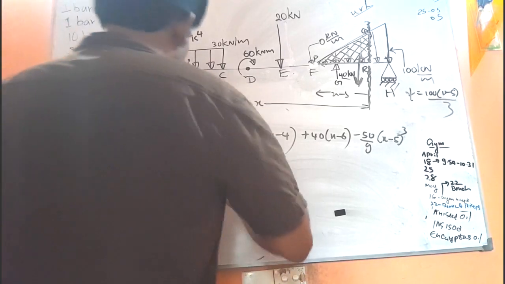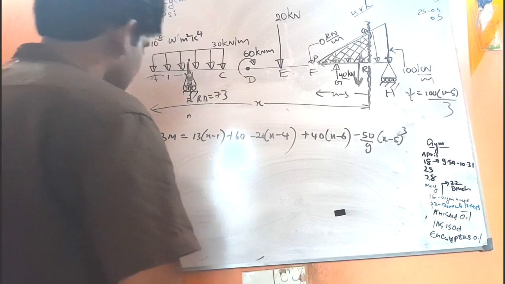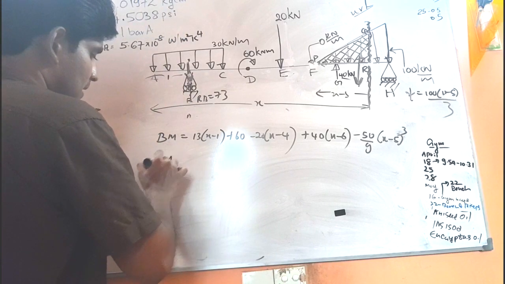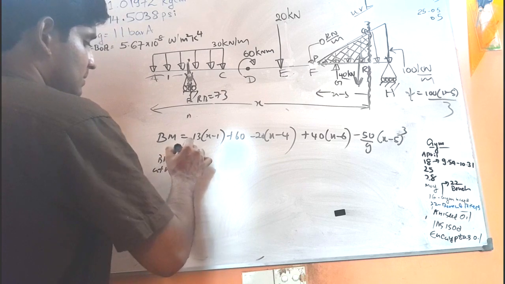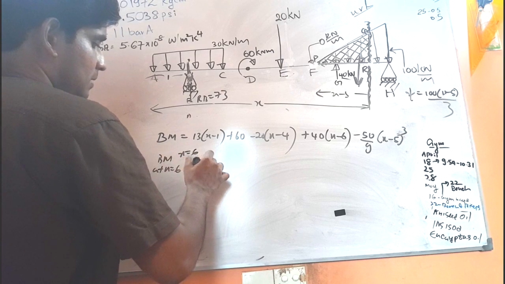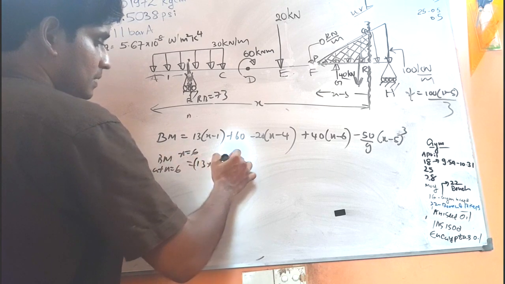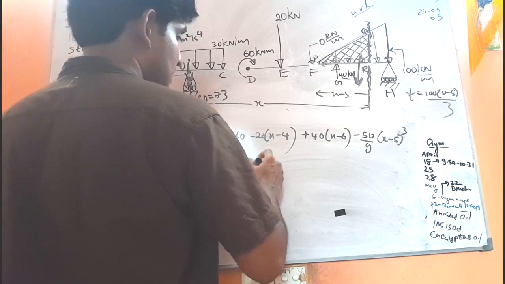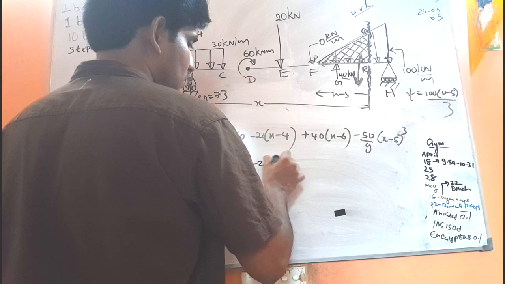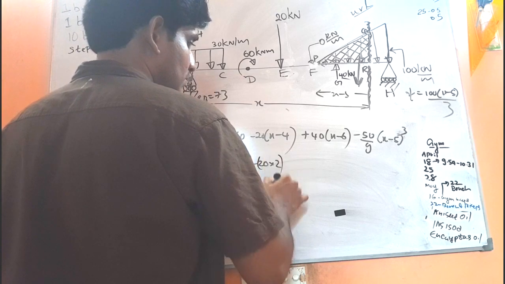Right, okay, so now let's find the bending moment at x equals 6. Then put x equals 6 here. 13 into 5 plus 60. X equals 6 means minus 20 into 2.